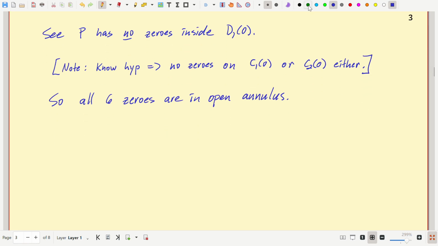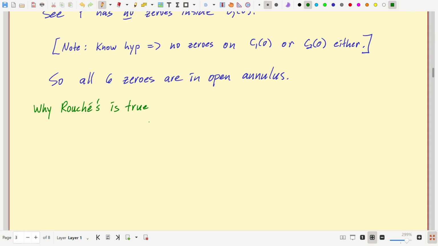Well, now I need to show you why Rouché's is true. It's not hard. And it's a great thing because we have this intuition about walking a dog, but that's not a mathematical proof. This is going to be a mathematical proof.